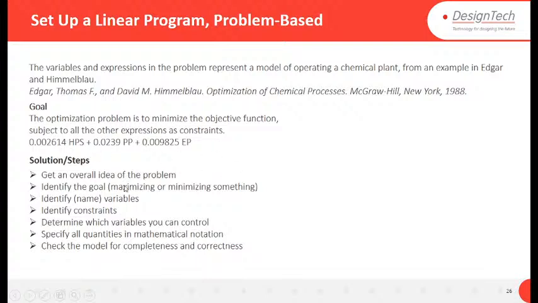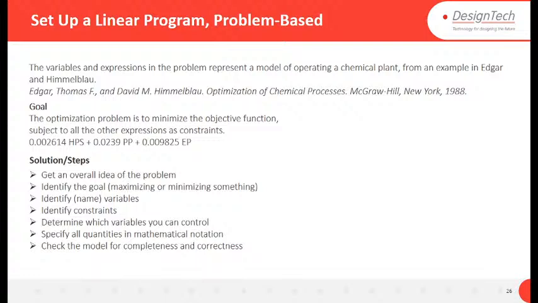And these are the steps which you are going to follow. Get an overall idea of the problem. Identify the goal. Identify the variables which we are going to use, constraints, meaning linear equalities or inequalities.